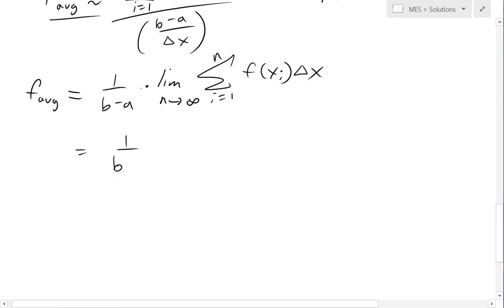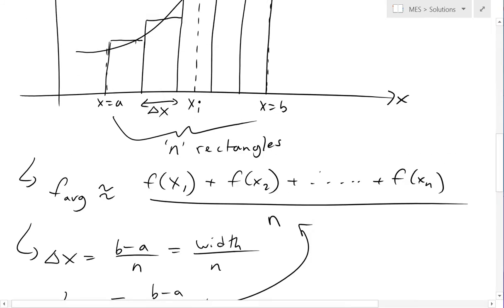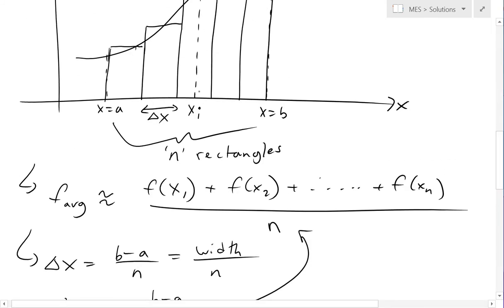So this is equal to 1 over b minus a times the integral now, because this is just a Riemann sum like I showed in my integral proof video. This is from a to b of f of x times dx. And in this f of x, we're not including the i, because when it becomes really, really small, it doesn't matter if it's the center point, the right or left, it's always going to be pretty much the same as you get smaller and smaller.